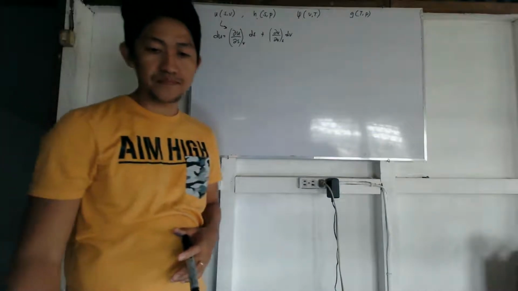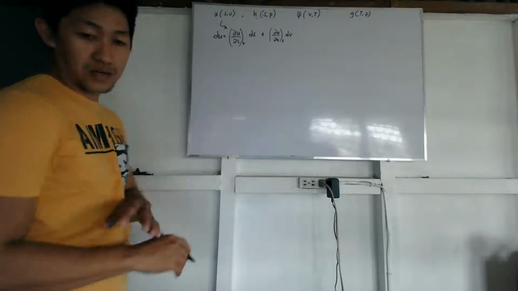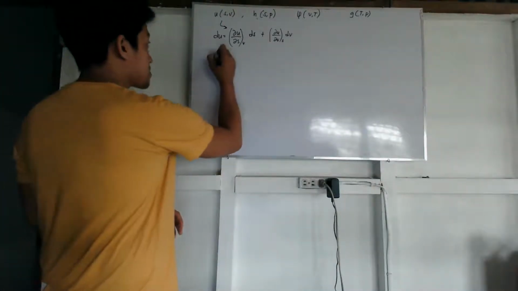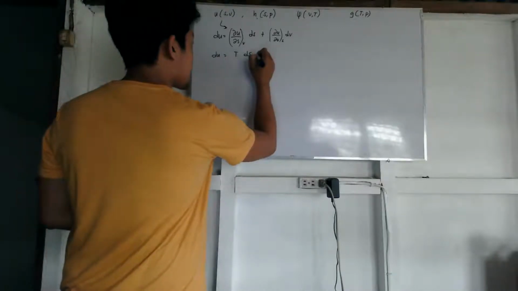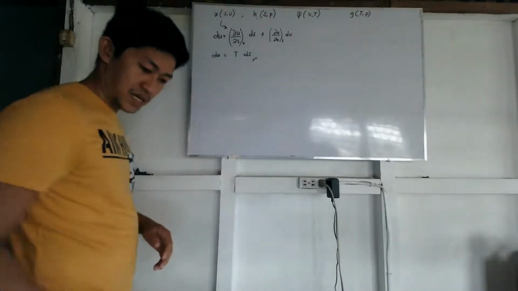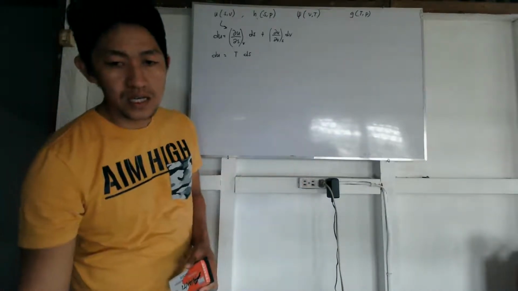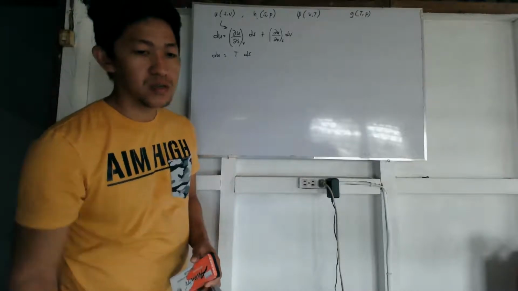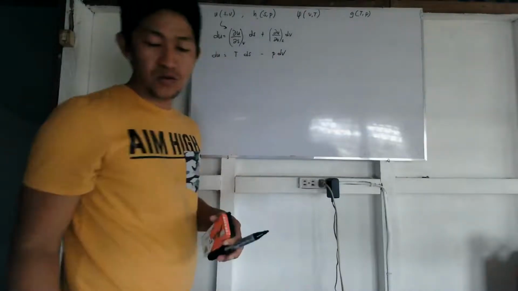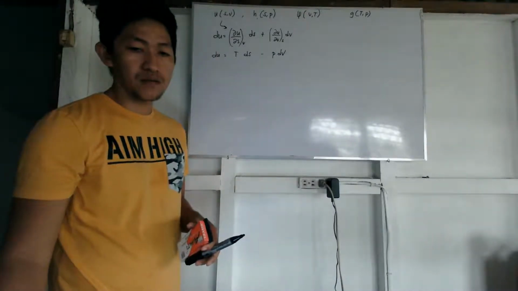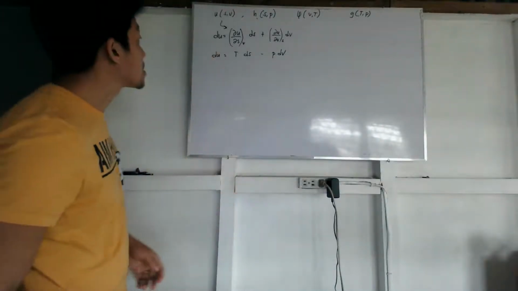So, mao na siya. And then, kung atong i-compare sa katong previous equation, du equals T ds minus P dv. Ano sa inyo nakita ninyo? Makonclude ninyo ni?